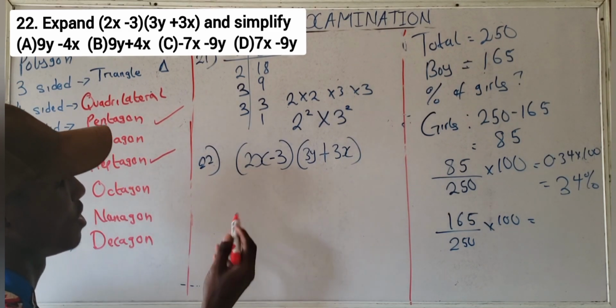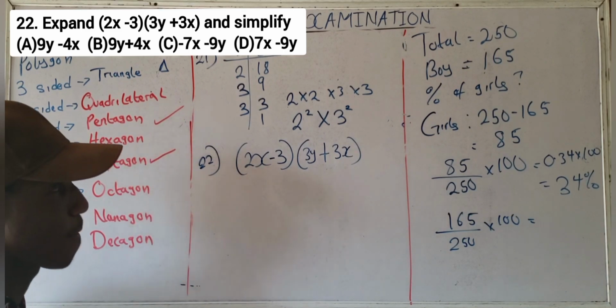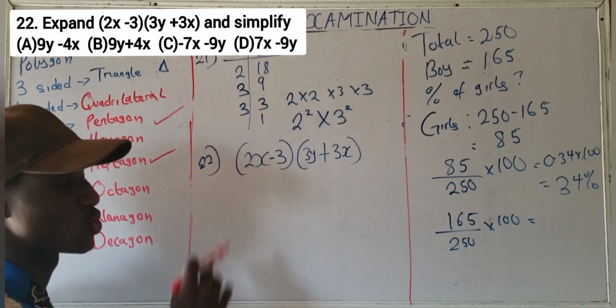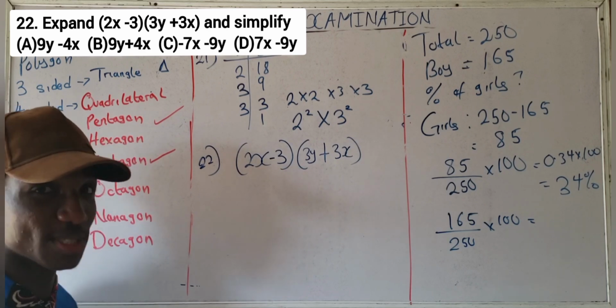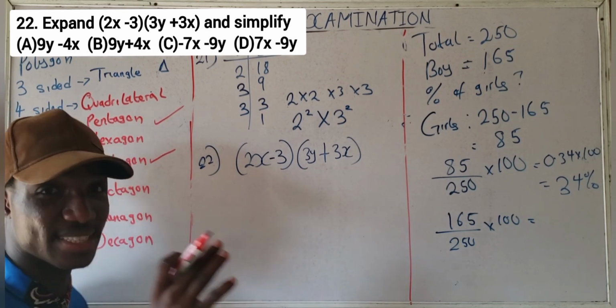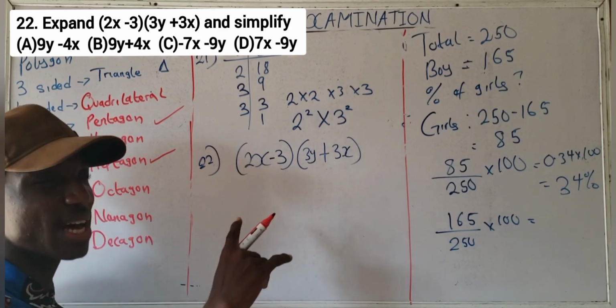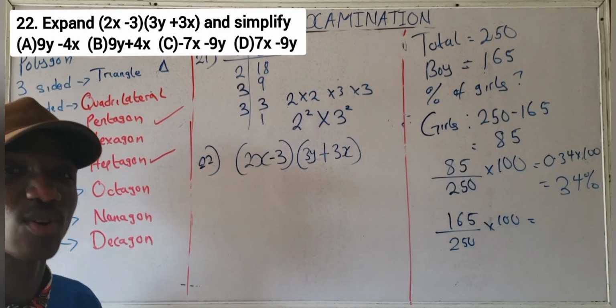What is the first term in the first bracket? The first term in the first bracket is 2x. Just pay attention, I'm going to explain. You have to multiply the first term in the first bracket by all the terms in the second bracket.